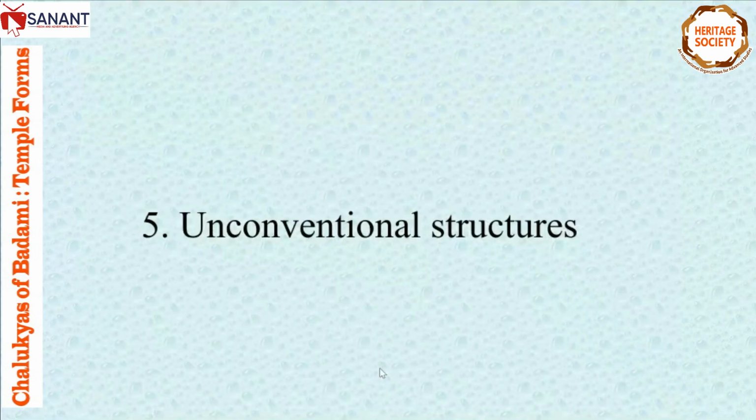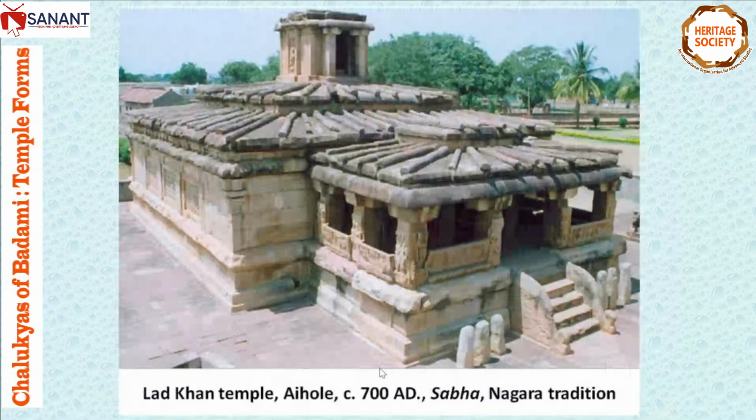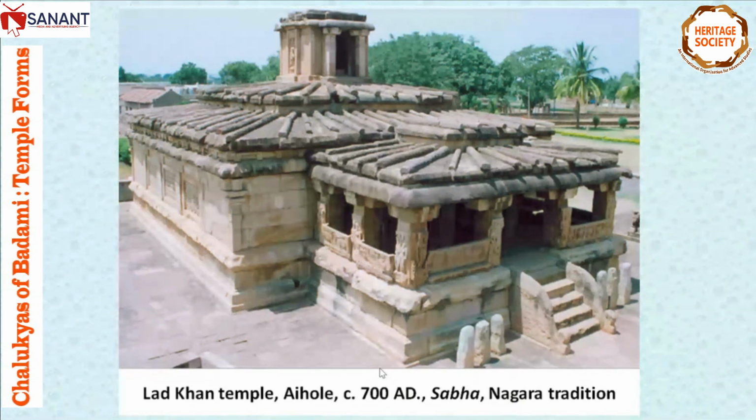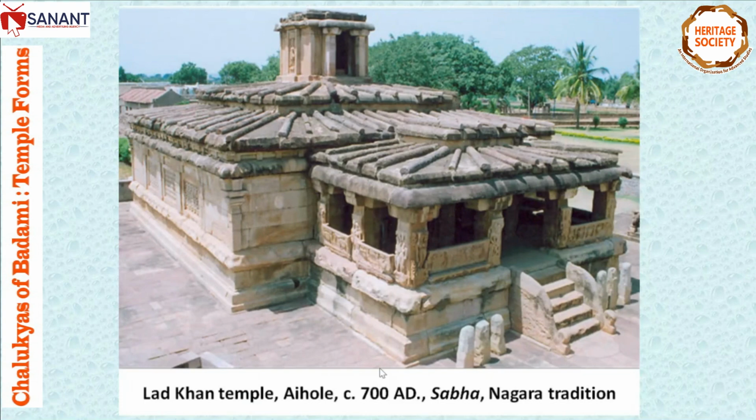We come to the unconventional structures now. This one is the Ladkhan temple, which was once considered to be prototype for Indian temples. Okay. Unfortunately, we now know that it is not a very early temple at all. It is dated to around 700 AD now.